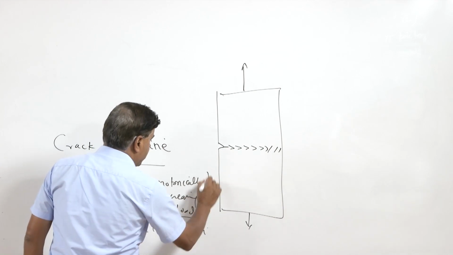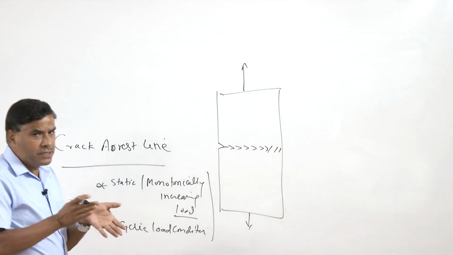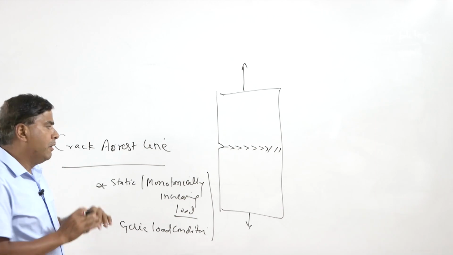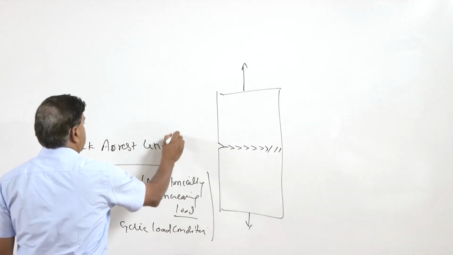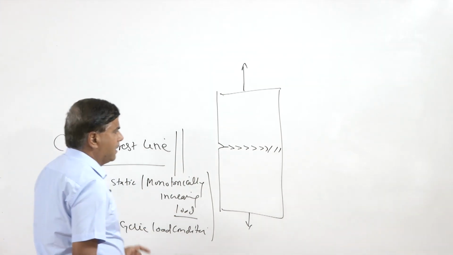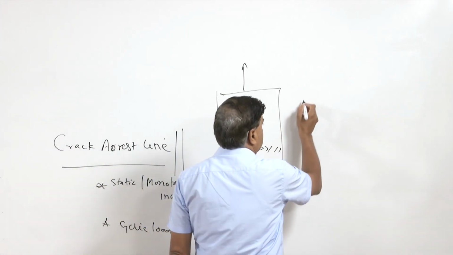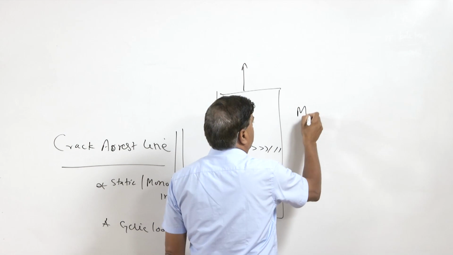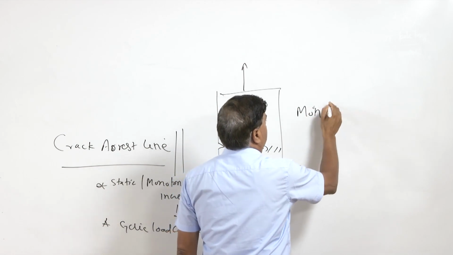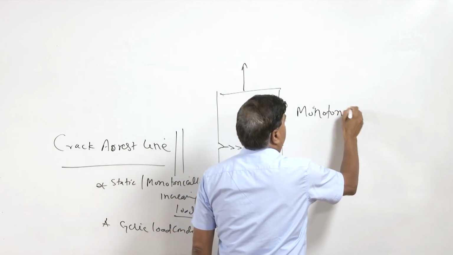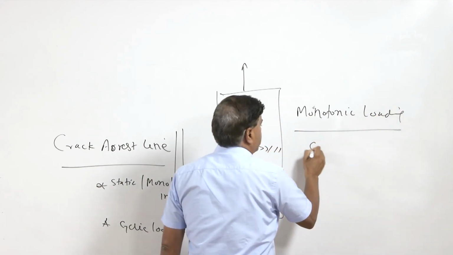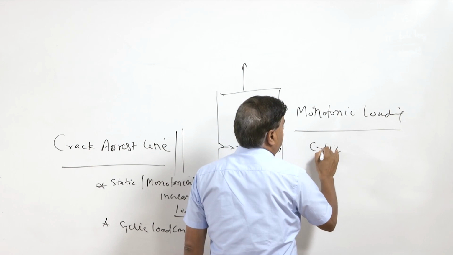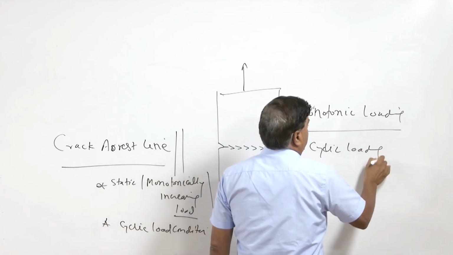In both cases, the growth of the crack leaves some marks behind on the fracture surface, and those marks are termed crack arrest lines. Crack arrest lines in the case of monotonic loading are different from those observed under cyclic loading conditions.